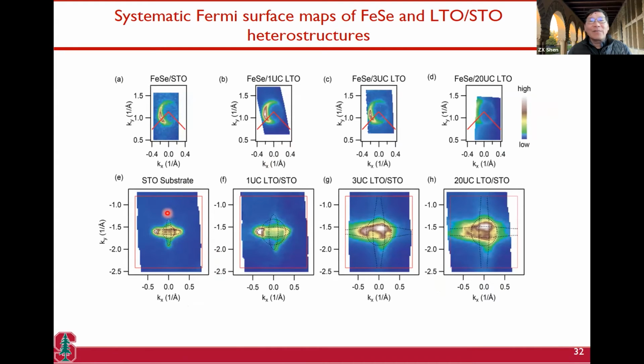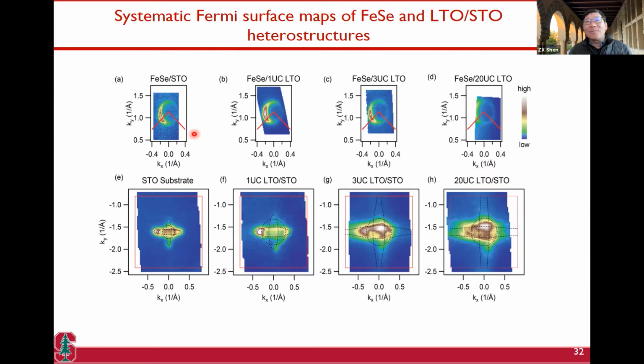The lower part is the Fermi surface of the STO substrate, then 1 unit cell, 3 unit cell, and 20 unit cell of LTO on top of that. You can clearly see that as you grow the LTO thickness, the details don't matter, but there are more and more electrons at the surface. That means there's more potential for charge transfer.